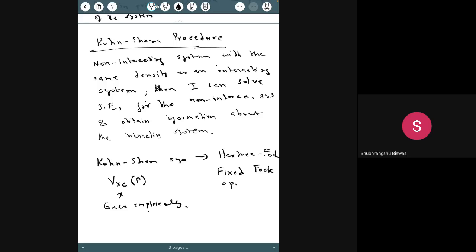Also, since you want to go over to a one electron picture, you cannot have an explicit correlation operator. So again, you have to model that into a one electron picture. All these interactions, which a one electron picture and a density representation cannot deal with, are clubbed into what is called the exchange correlation potential.